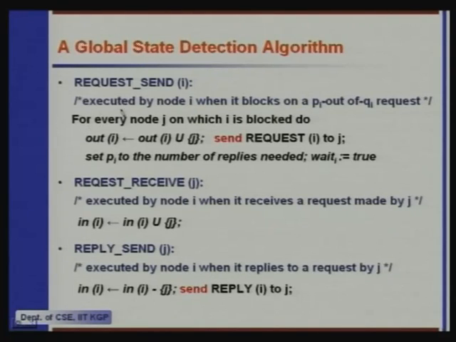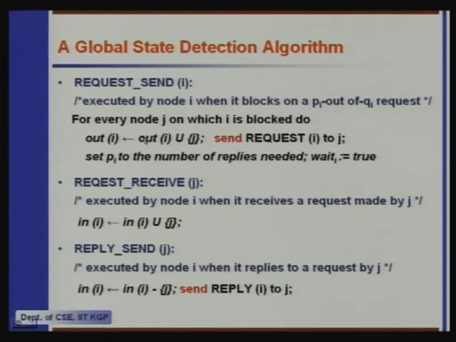When a node blocks on a Pi out of Qi request, it sends requests. What does it do? For every node j on which i is blocked, we add j to out i, the set of outward dependencies, because it is blocked on j.